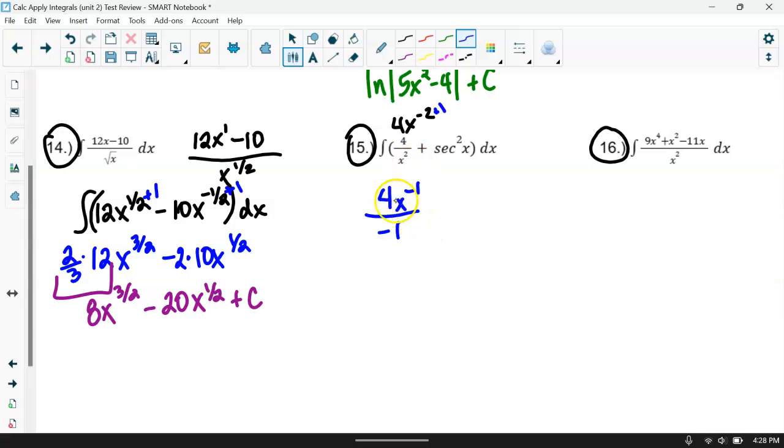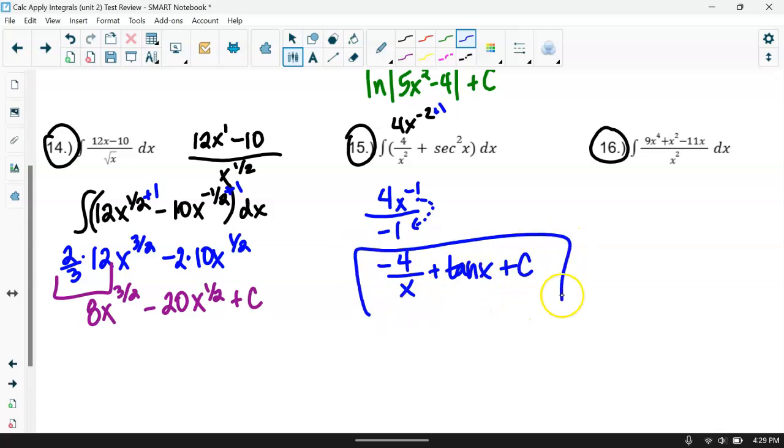Because it's x to the negative 1, this is now going to go in our denominator. And now we have negative 4, because we divided by negative 1. So this is negative 4 over x. Then plus, the integral of secant squared is tangent x. No sign change, right? Plus c.